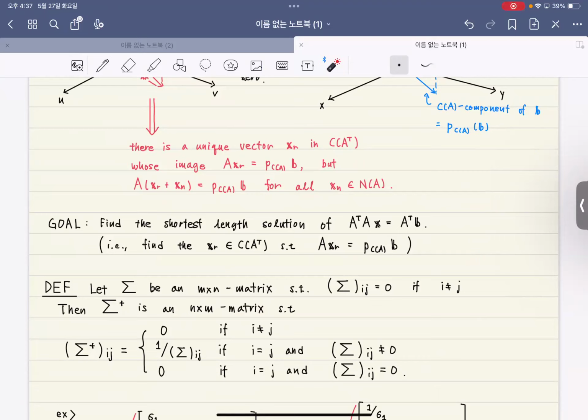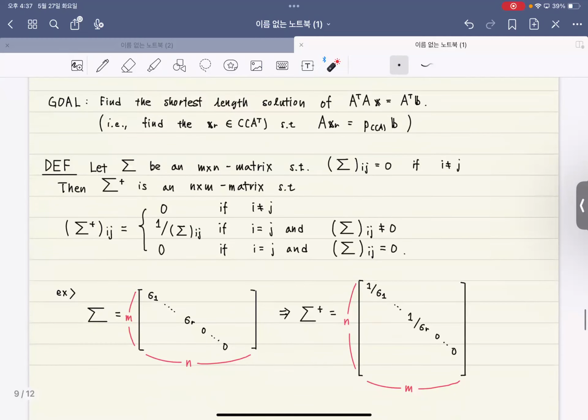Now, in order to define the pseudo inverse, first I will need to define the sigma plus matrix. Let sigma be an almost diagonal matrix. You know what I mean by almost diagonal matrix. So sigma is an almost diagonal matrix, which is m by n. Then sigma plus is an n by m matrix, defined by this mysterious definition.